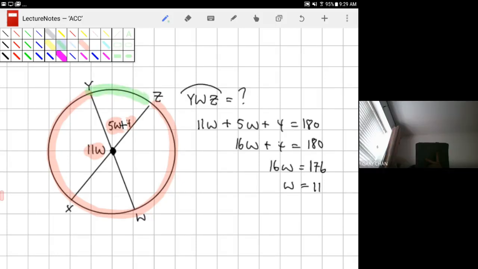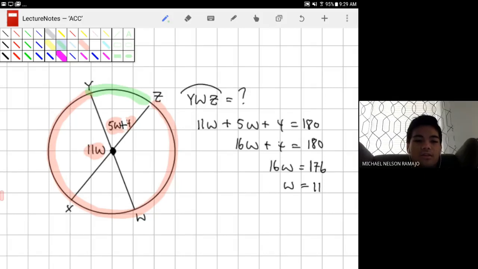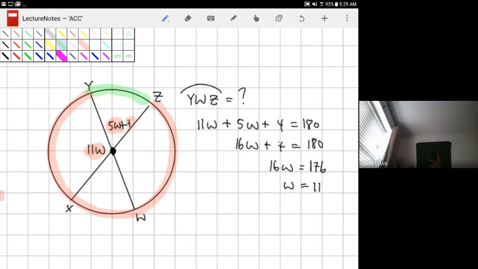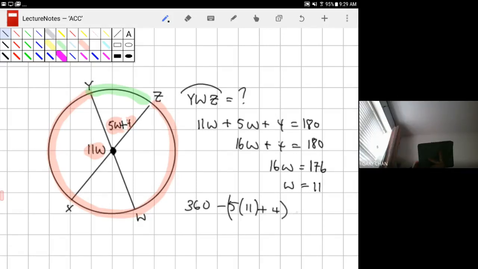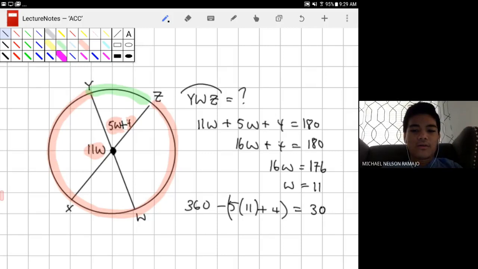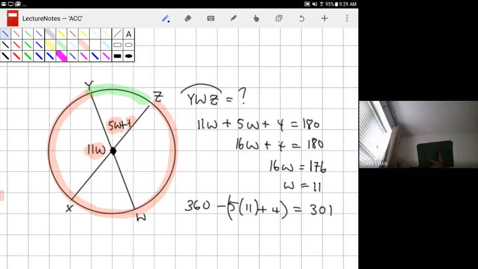So just this right here that's in green? Oh yeah. So 360 minus 5 times 11 plus 4. So it's going to be 360 minus 59. That is 301. So it becomes 301.